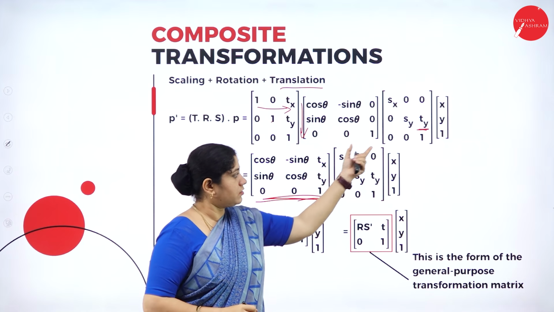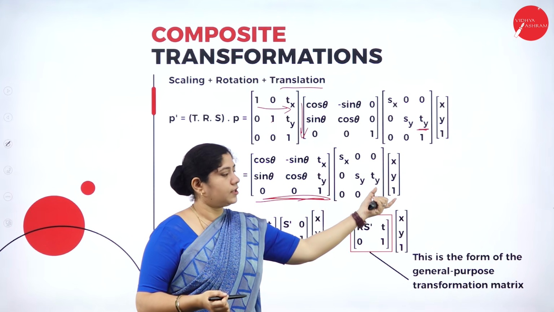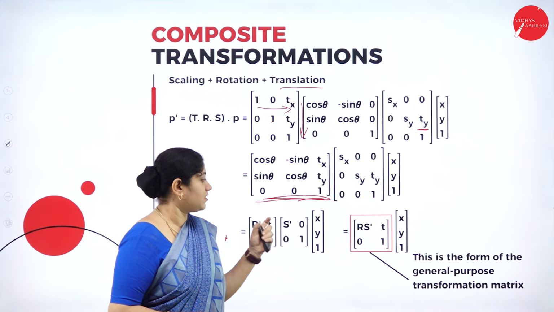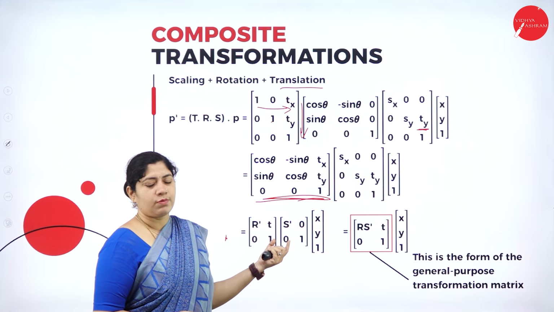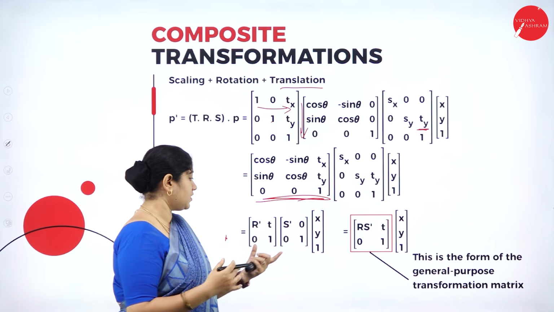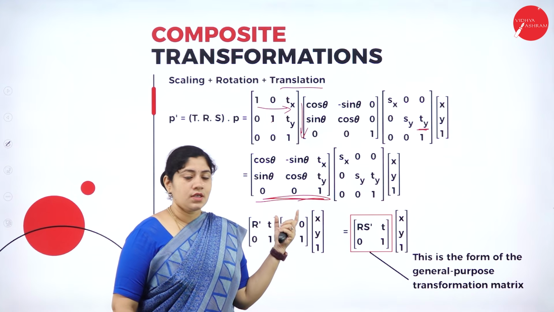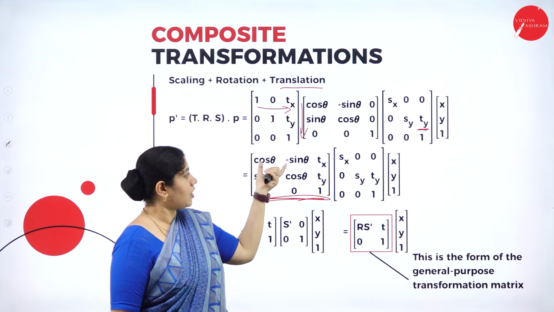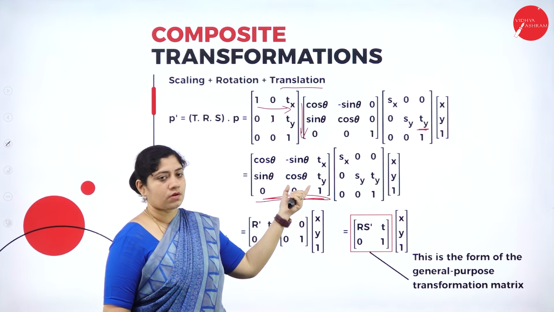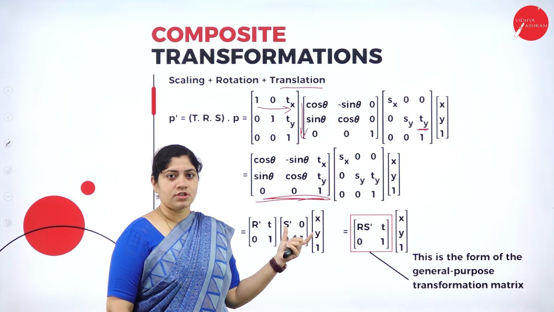Up next, let's retain this third scaling matrix as it is and our x, y and 1 as it is. Up next, let's read the transformation. By seeing our first matrix, we can say that cos theta, minus sin theta, cos theta again will be a rotation matrix, correct?